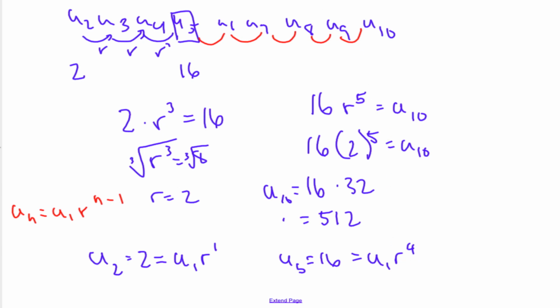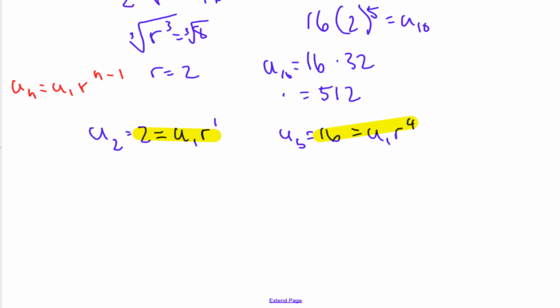And so now I have two equations. Here's one equation, here's another equation, and two unknowns. To solve these, what I can do is put them above each other. Actually, what am I going to do? I got U1 and U1, so I'm going to solve for U1.